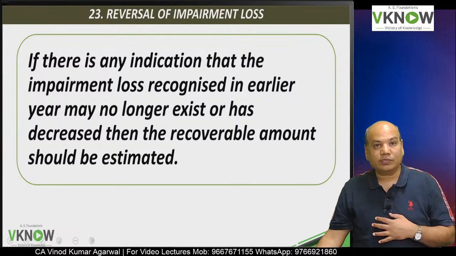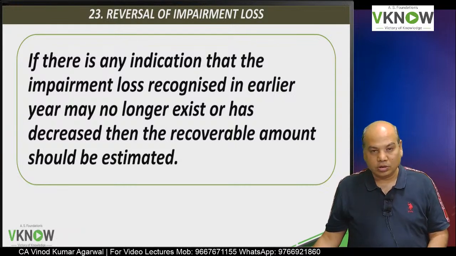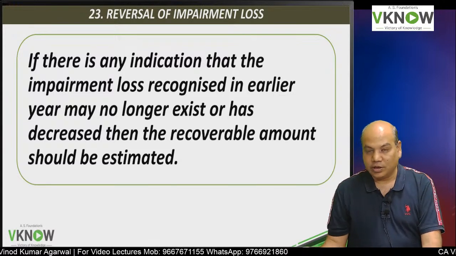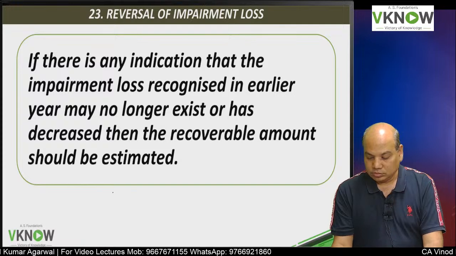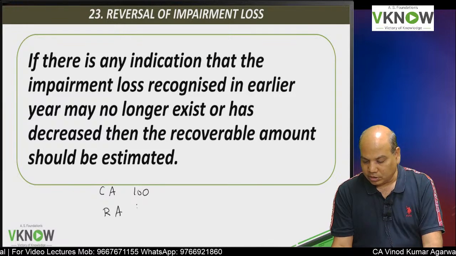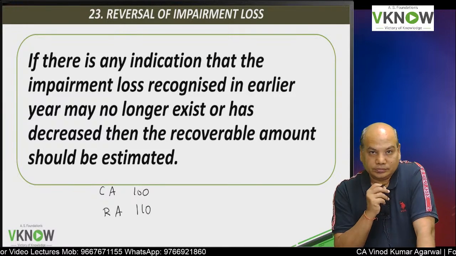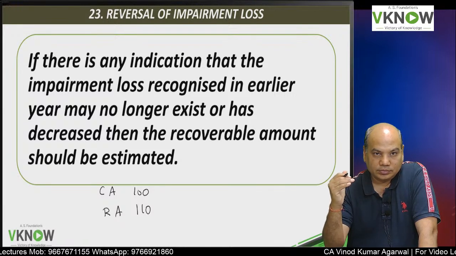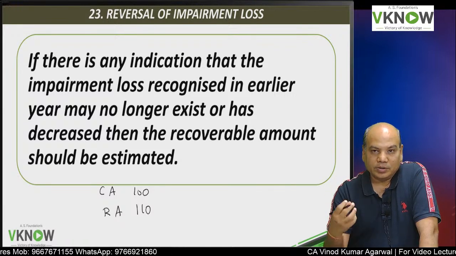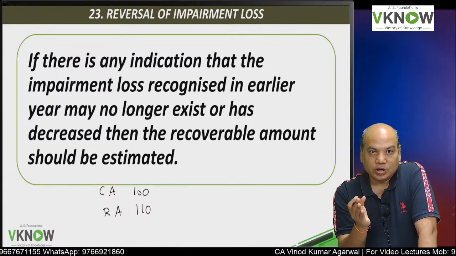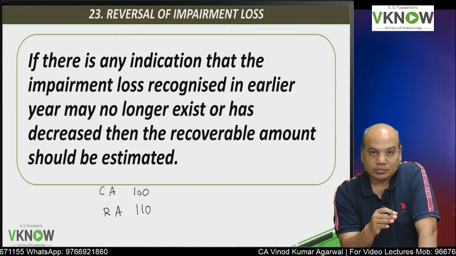Now the next part of this chapter is about reversal of impairment loss. What do you mean by reversal? Carrying amount 100, recoverable amount has increased, because sometimes it is possible that the recoverable amount has gone up for such assets which were earlier impaired.